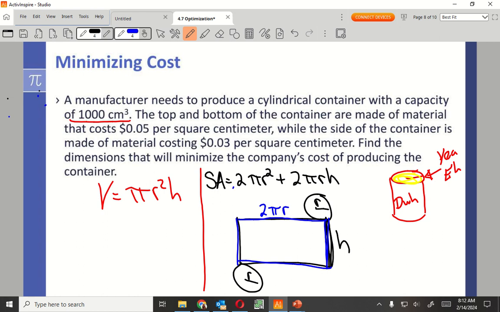The top right here cost me how much? Yep, 5 cents per square centimeter. The side, or the lateral area, is going to be 3 cents.